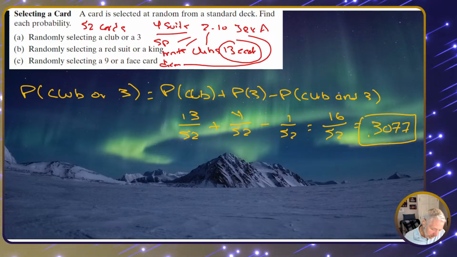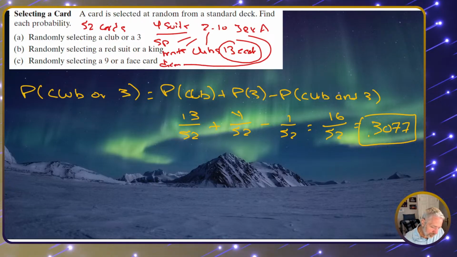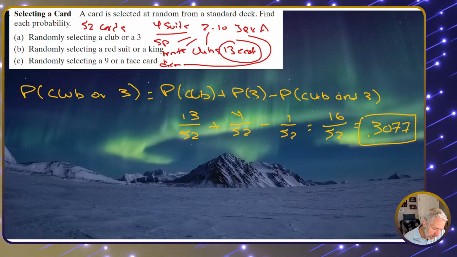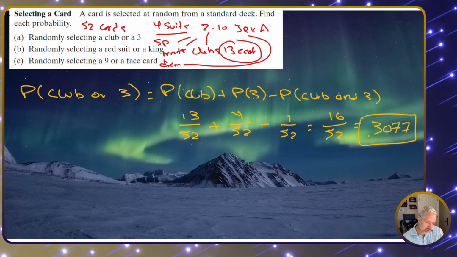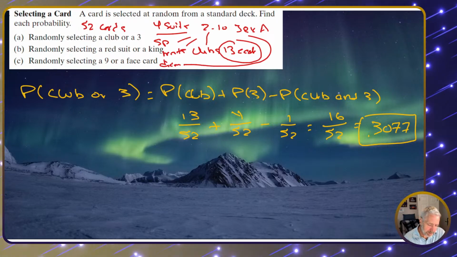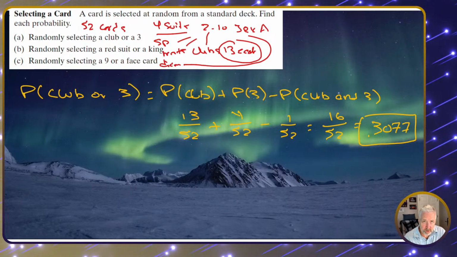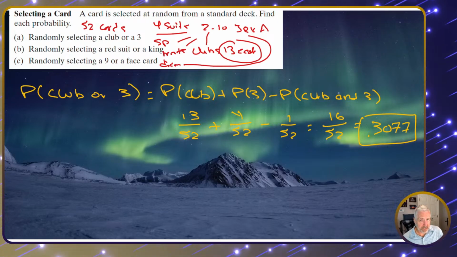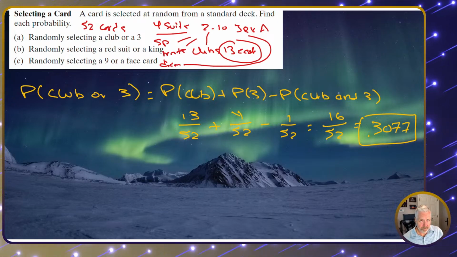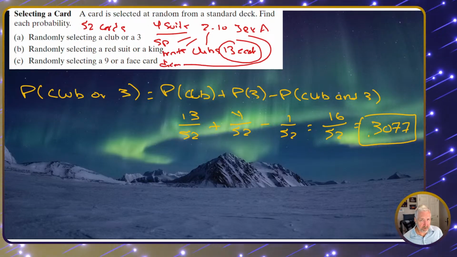Okay, let's look at the second instance here. Find each probability. So find the probability of randomly selecting a red suit or a king. So a red suit is diamonds and hearts. So we've got 26 cards there that are red.